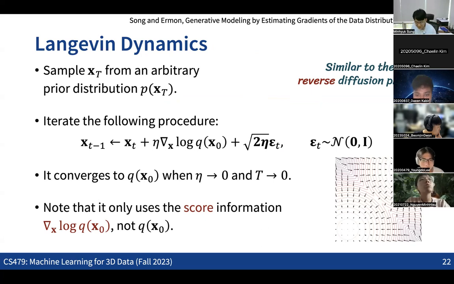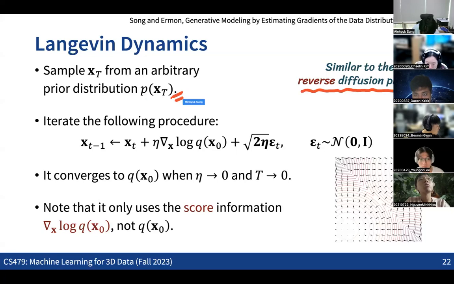This is quite similar to the reverse process that we have seen, right? It starts from a prior distribution and moves the samples using the information about the original data distribution, with some Gaussian noise added.